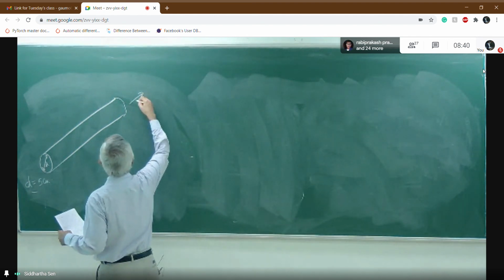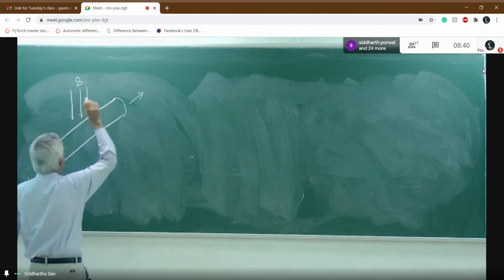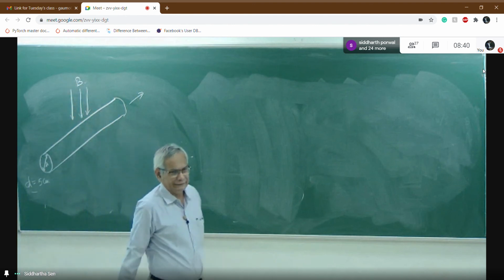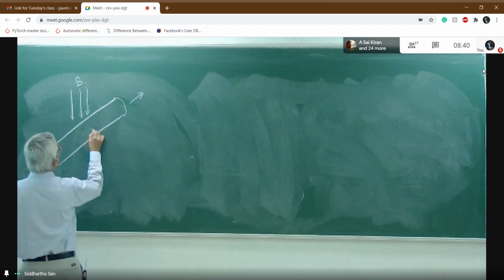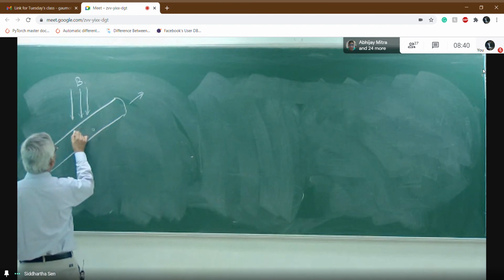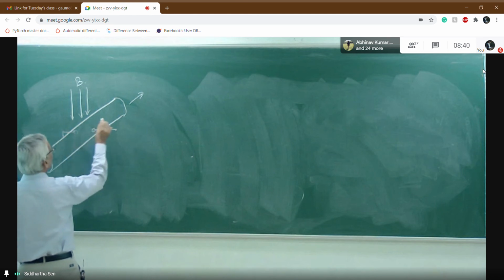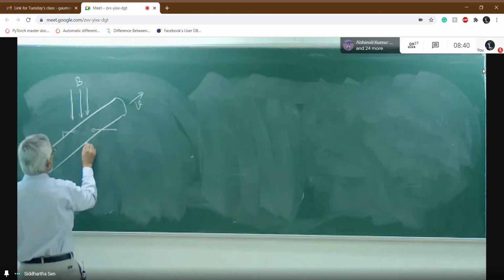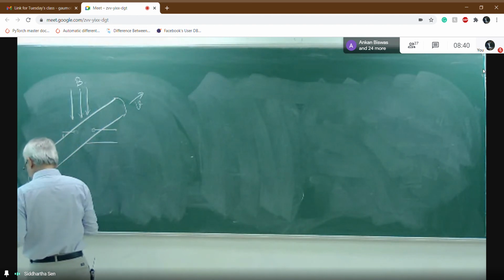So the flow rate is there, and we know the electromagnetic flow meter has a flux density B, and there are two electrodes on the two sides of it, platinum electrodes, and as the velocity V is there, we will get this as the output. I call it E0.